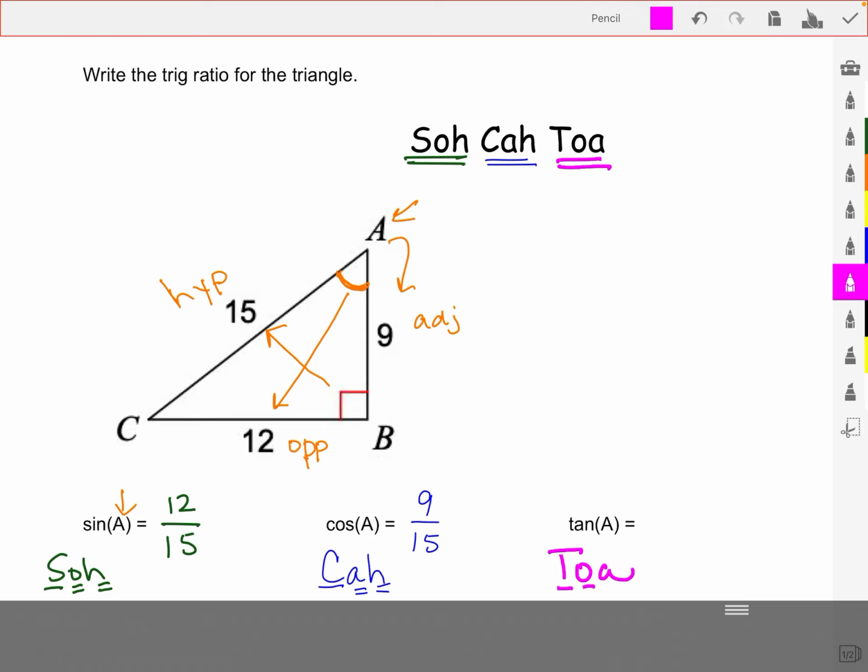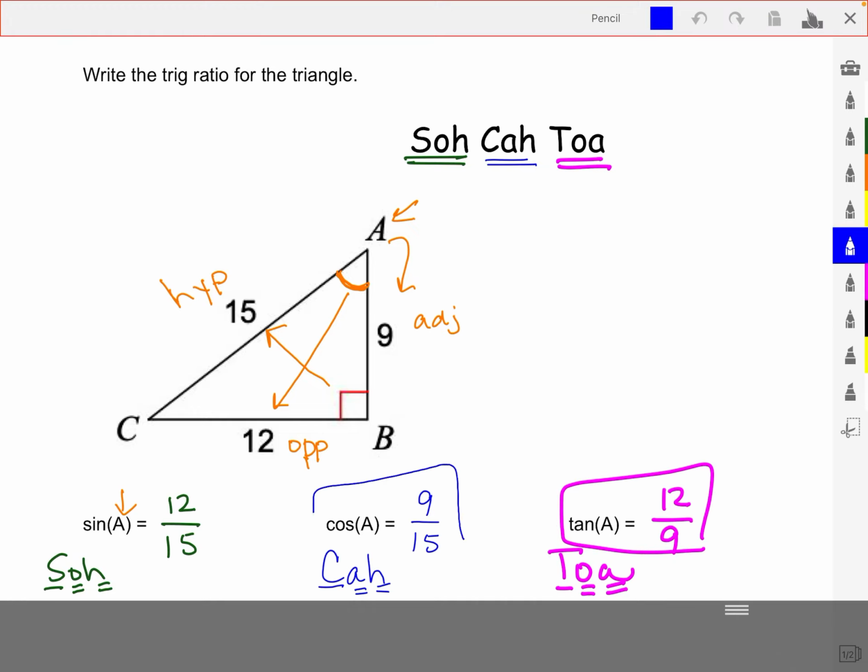T is tangent, O is opposite, A is adjacent. So opposite over adjacent. So opposite is 12 and adjacent is 9. So there are my three ratios for sine, cosine, and tangent for this particular triangle.